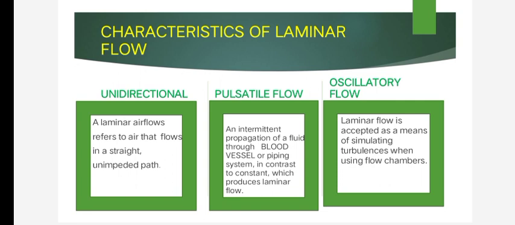It is defined as the controlled airflow through the entire cross section of the clean zone with a steady velocity and approximately parallel streamlines. From the word airflow, it is understandable that it's a type of flow in the air. Ga-refer siya sa hangin nga ga-flow in a straight or ga-flow in one direction.